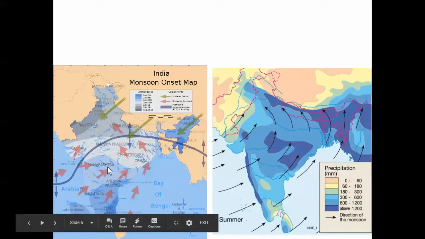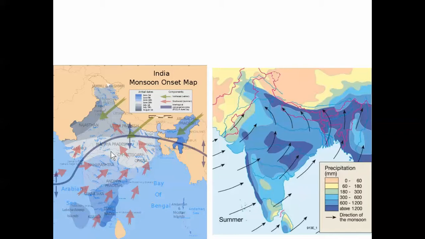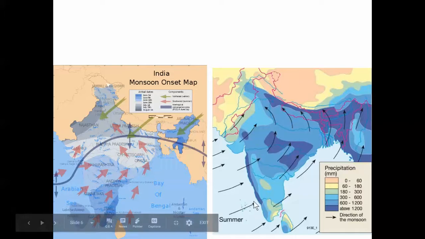We have extreme heating of the land, relatively speaking cooler water, and so this heating of the land pulls cool wet air from the Bay of Bengal onto the landmass. It runs up against that Himalayan range here, and all of that rain comes down and falls out, and we get this extreme area of precipitation right along the base of the Himalayas. We also will see it here to the west of the Western Ghats and north of the Eastern Ghats here.